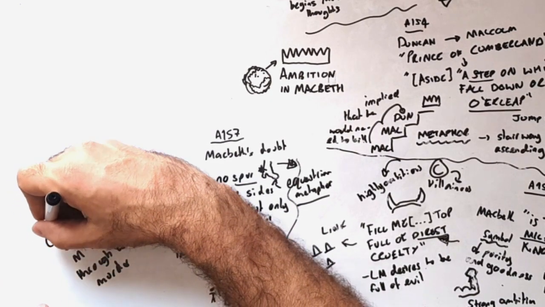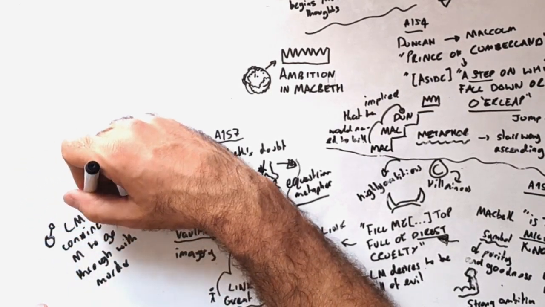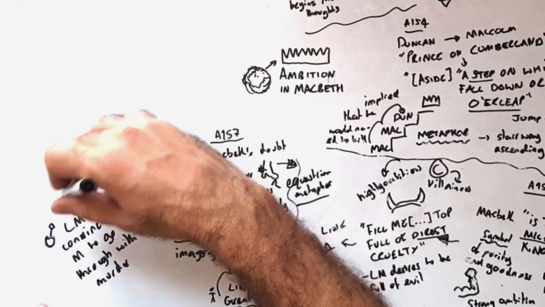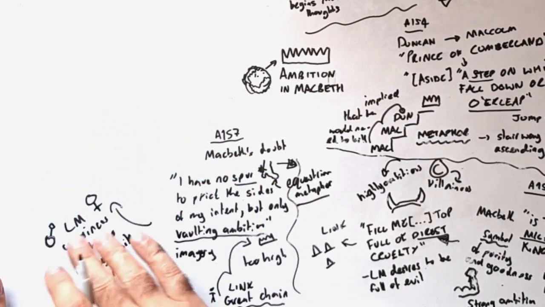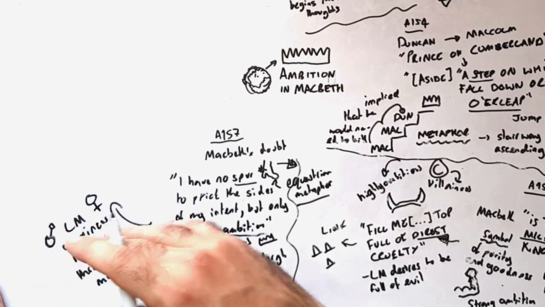So I might just do a little sign, feminine, masculinity, and I could put femininity there as well. This kind of conflict there. But I'm not going to reference that because I want to move on to another scene.